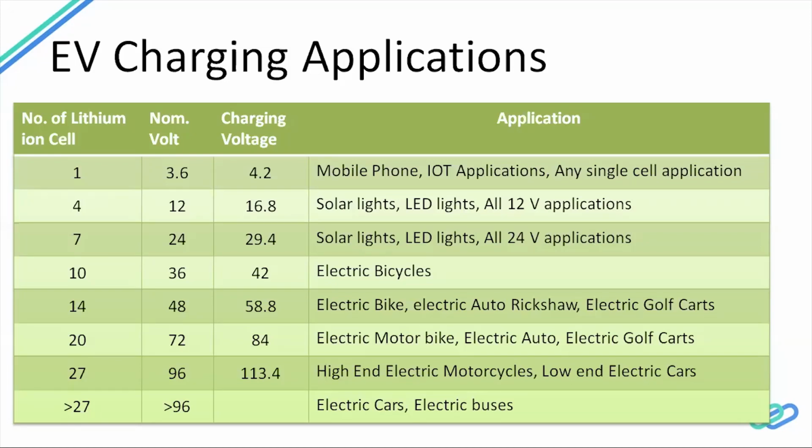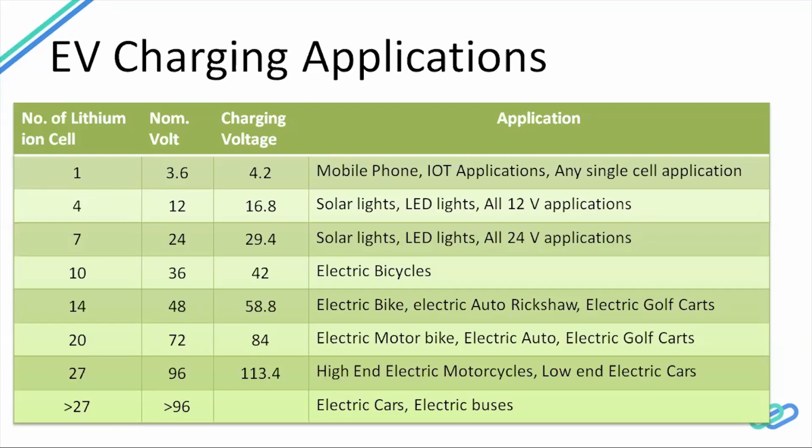In this condition, applications like mobile phones, IoT applications, and all single cell applications come in this bracket. Then if we check a 12 volt system, it will have four lithium ion cells in series. So the charging voltage goes up to 16.8 volts.